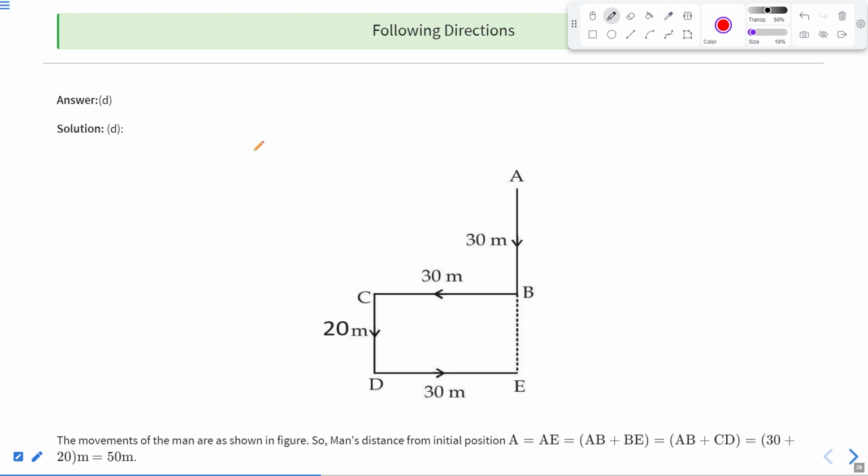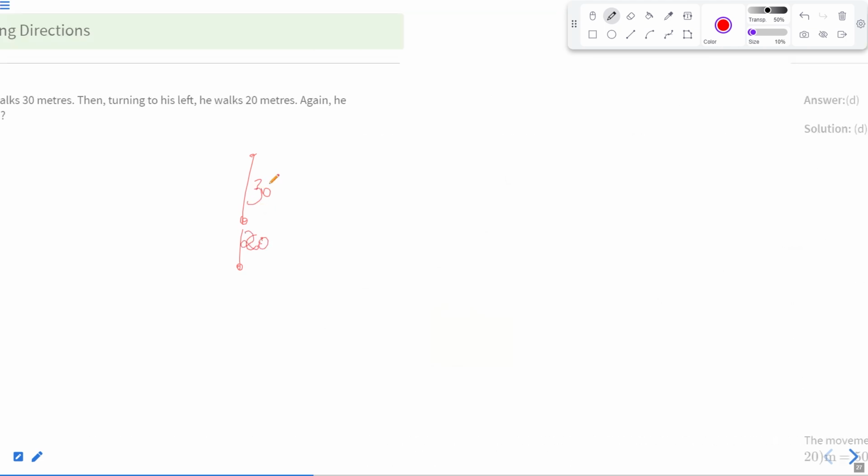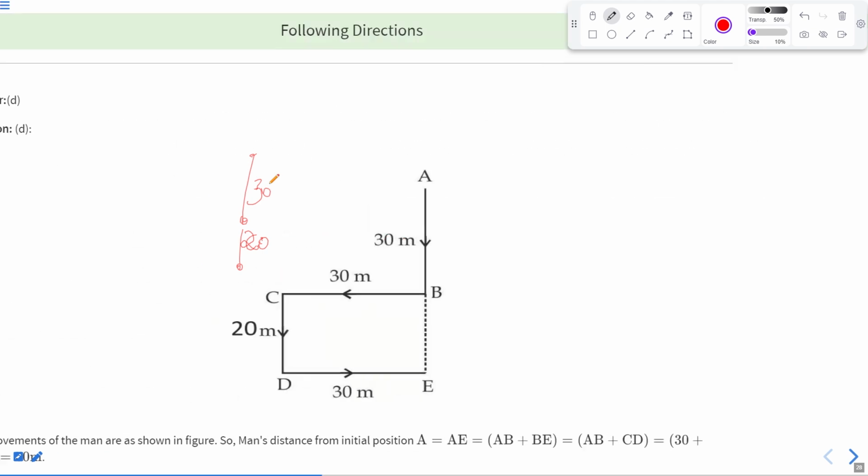Okay, so we have 30 here. Let's give AB, and CD is again 20. Answer is 50.